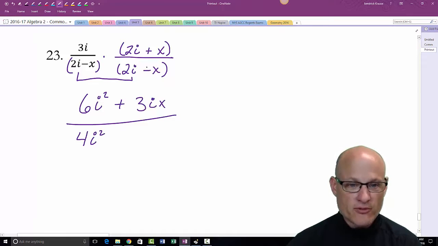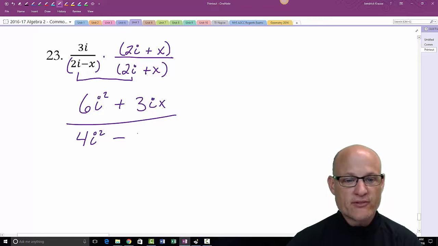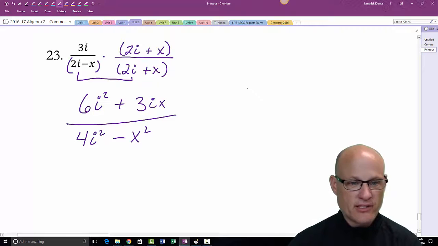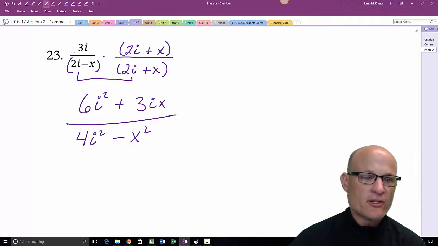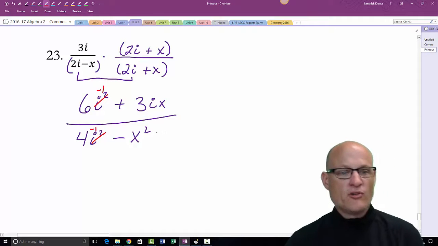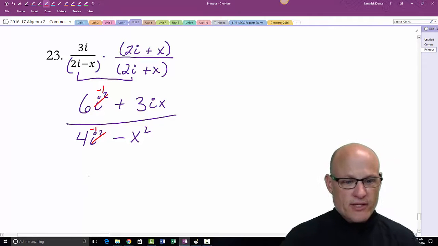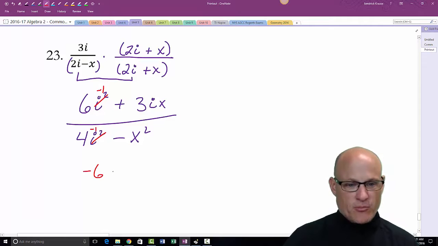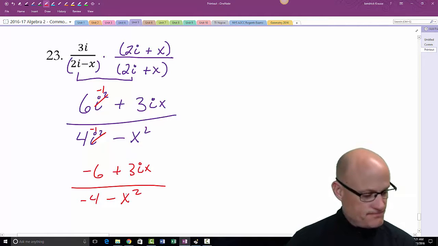Oh, that should be a plus. Minus x squared. All right, let's clean this up a little bit. This is -1, and this is -1. So in the numerator, I end up with -6 plus 3ix all over -4 minus x squared.